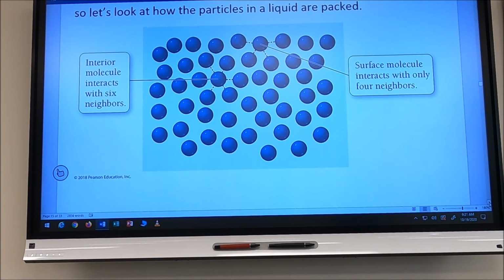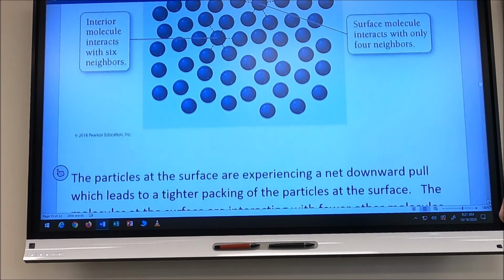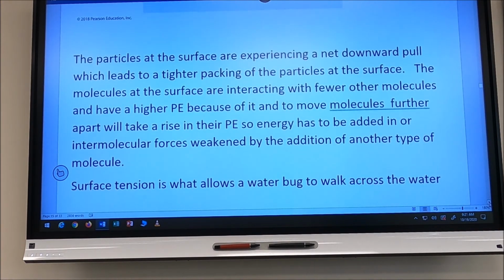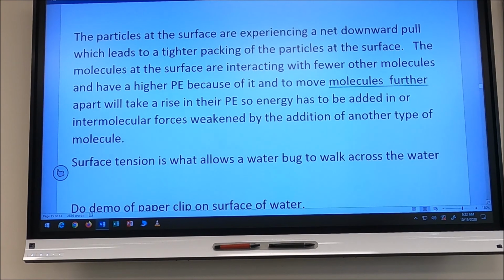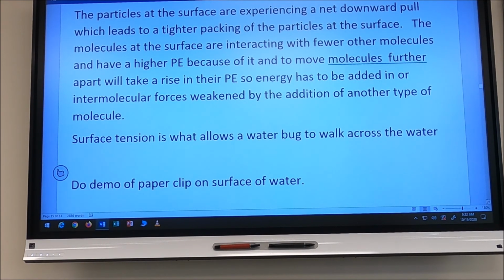So the stronger the intermolecular forces, the more energy it's going to take to separate the particles at the surface. So in general, the stronger the intermolecular forces between particles, the larger the surface tension is. Think about little water bugs.